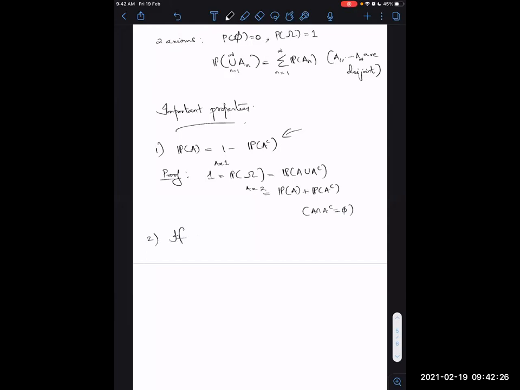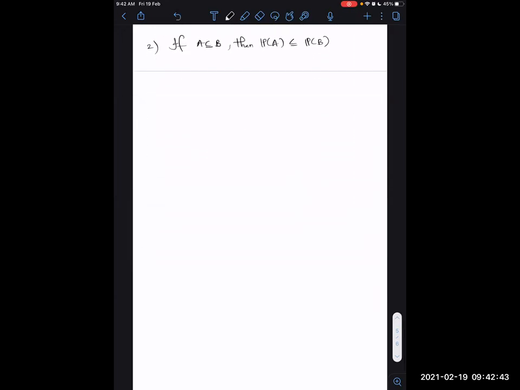Now let's see another property. Consider an event A and another event B such that A is a subset of B. Then the probability that A happens is less than or equal to the probability that B happens. Intuitively this is true because A is a smaller set and B is a bigger set.